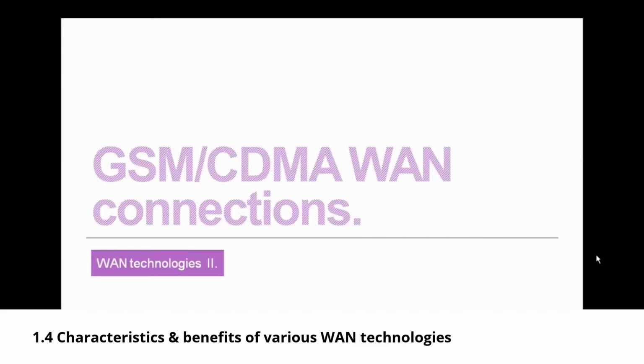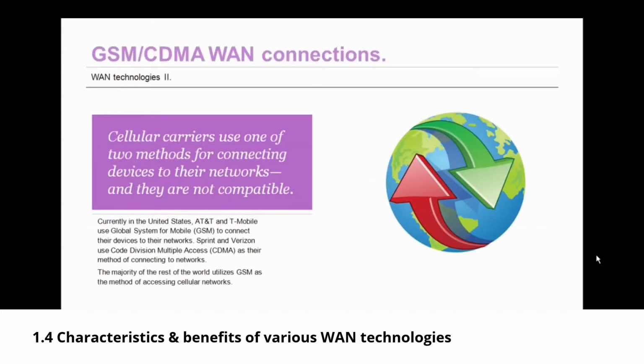I'm going to begin with the GSM and CDMA wide area network connections. All cellular carriers use one of two methods for connecting devices to their networks, and those methods are not compatible. Currently in the United States, AT&T and T-Mobile use the Global System for Mobile, or GSM standard, to connect their devices to their networks.